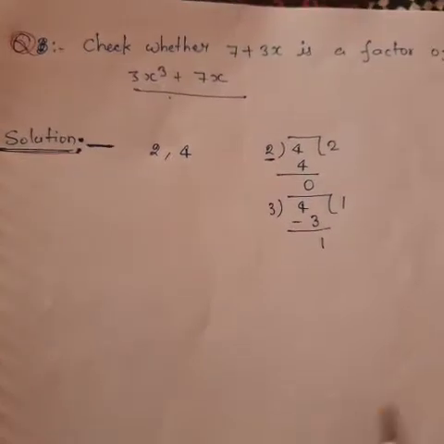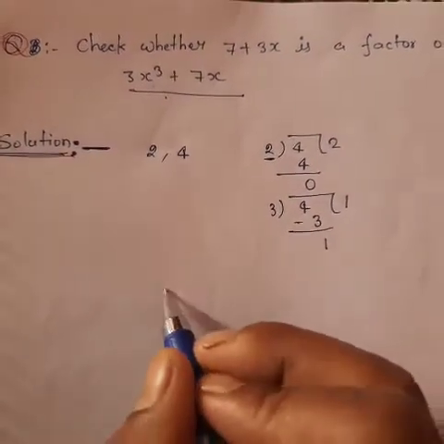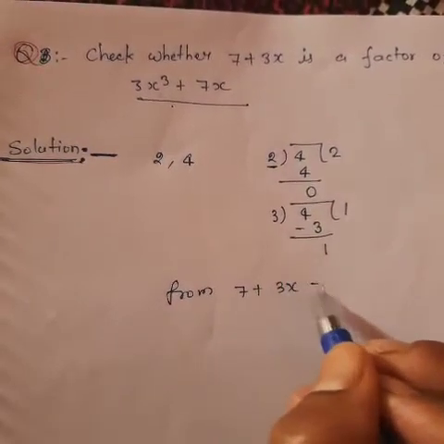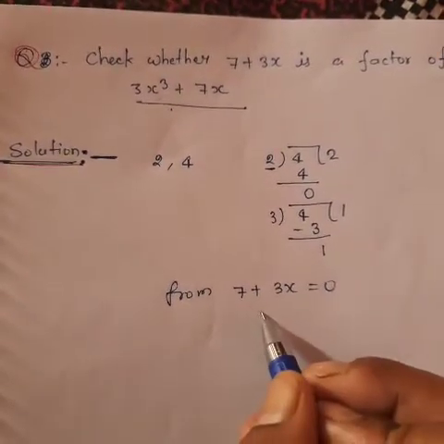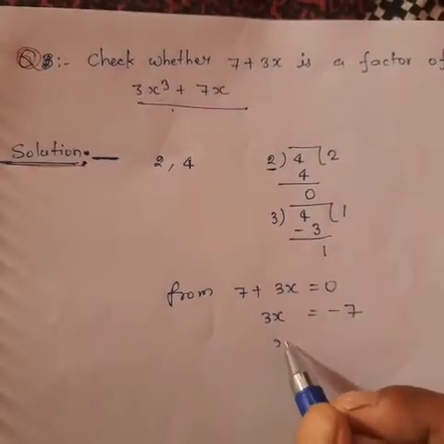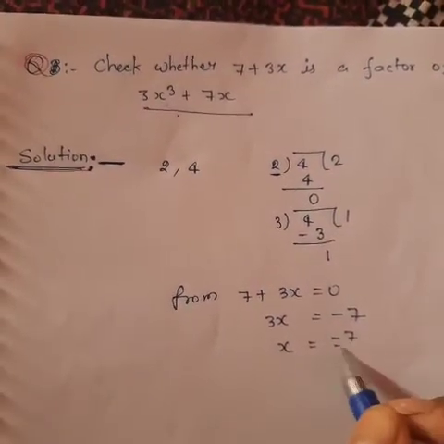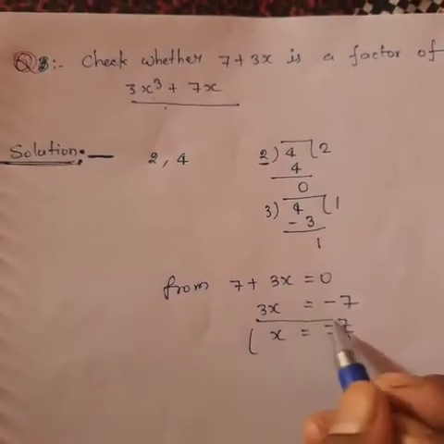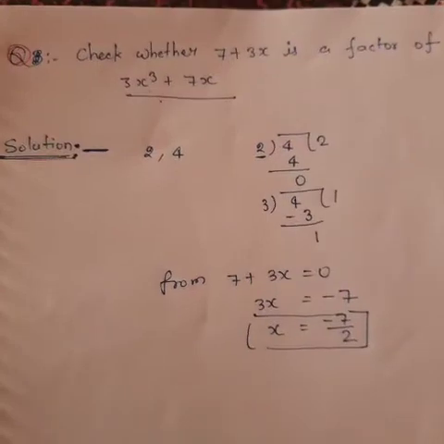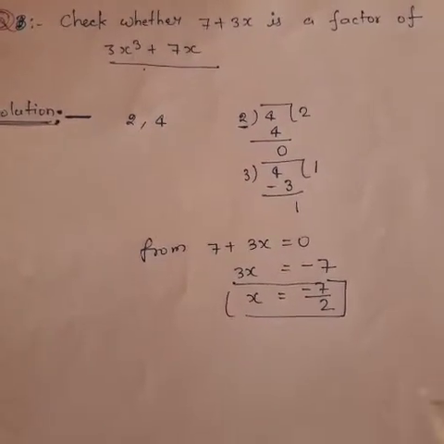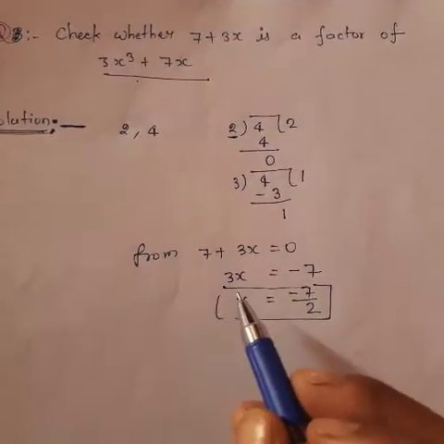From 7 plus 3x equals 0, 3x equals minus 7, so x equals minus 7 upon 3. In place of x we will put minus 7 upon 3 and we will find the remainder, because we can find the remainder from this.